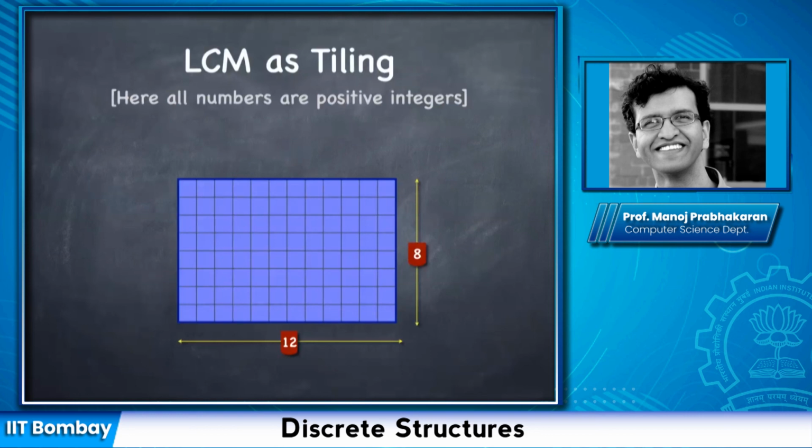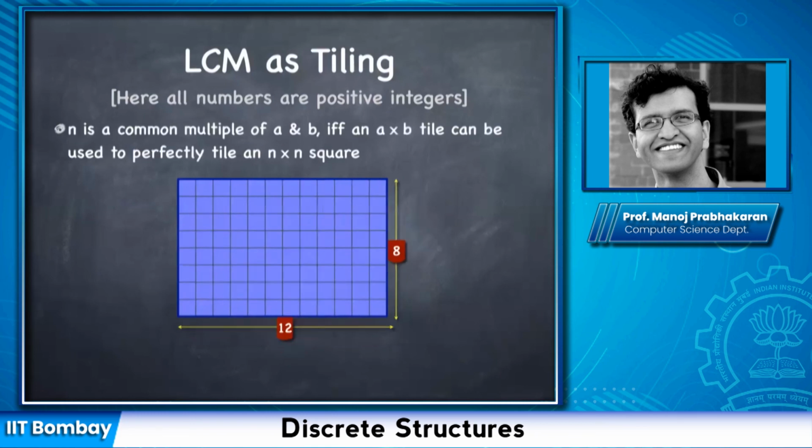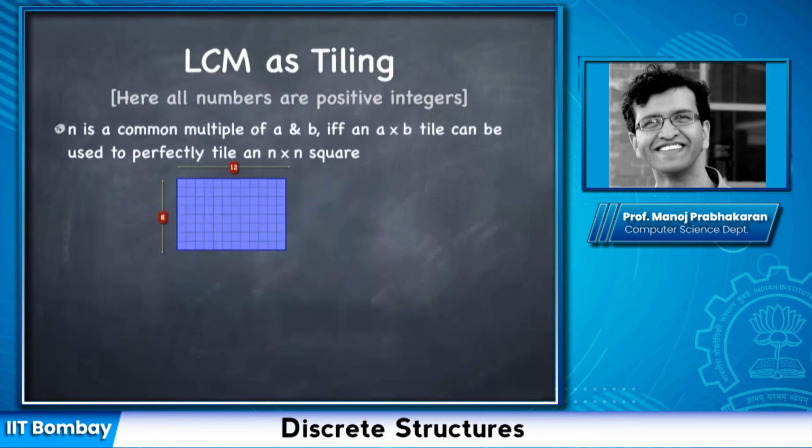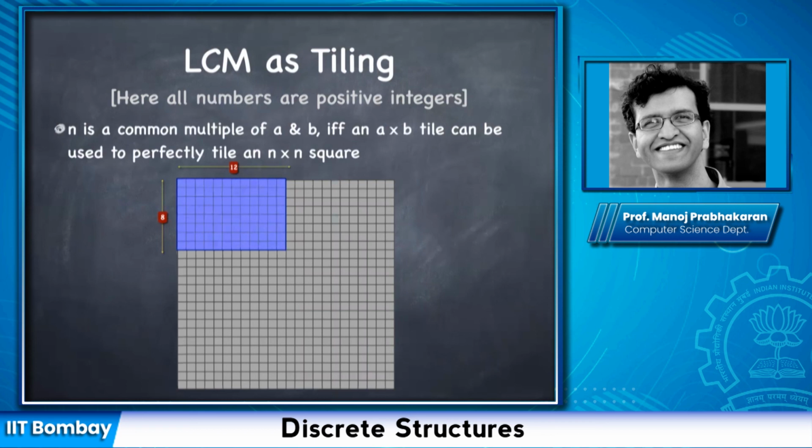Just like for GCD, where we visualized GCD as a tiling, LCM can also be visualized as a tiling, somewhat differently. Say you are interested in the LCM of two numbers, 8 and 12. Now you think of this as a small tile that is going to be used to tile a large grid, a square n by n grid.